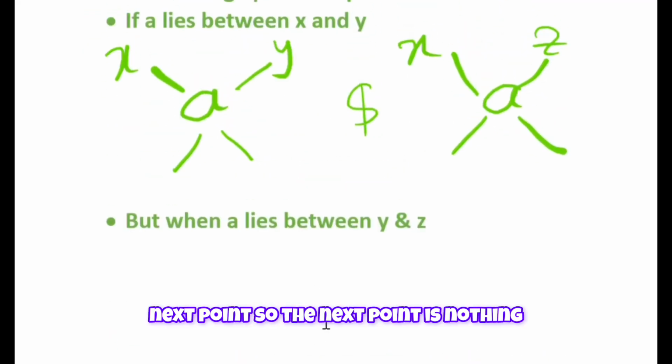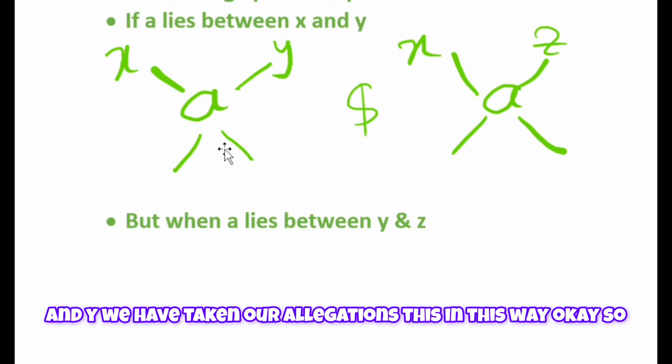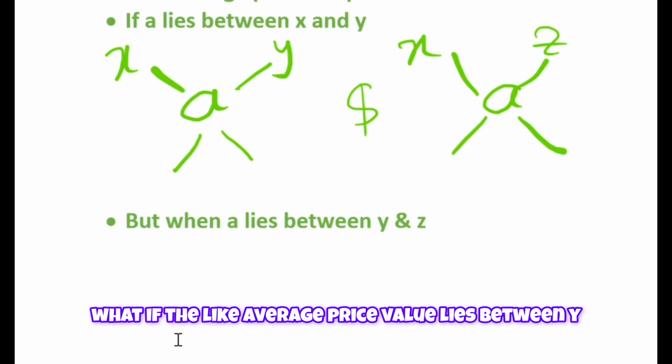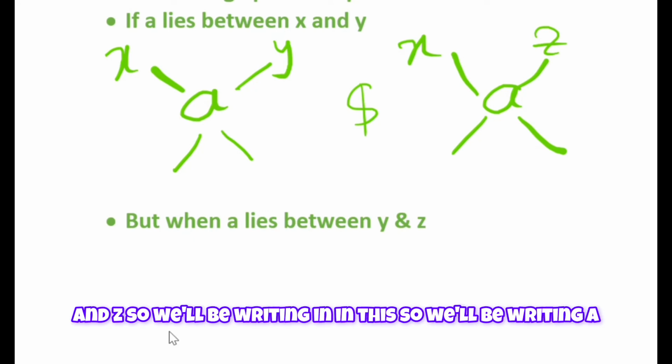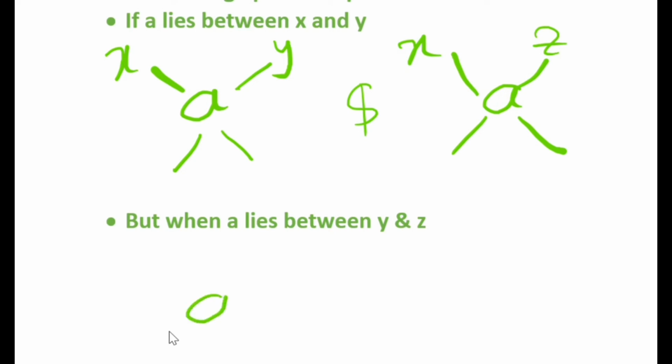Next point is when a lies between y and z. Previously we saw that if a lies between x and y, we take our alligations in that way. So what if the average price lies between y and z? We'll be writing a.